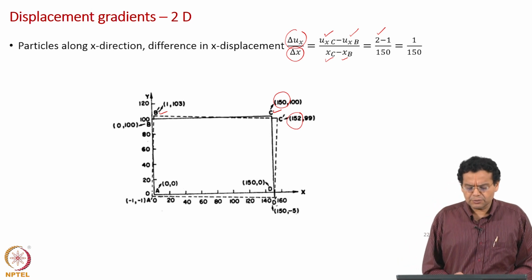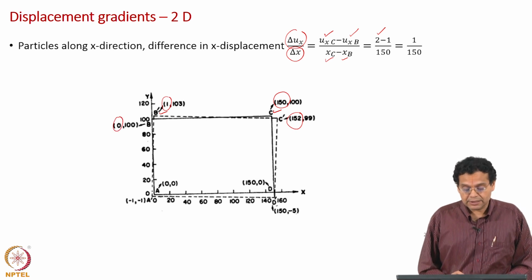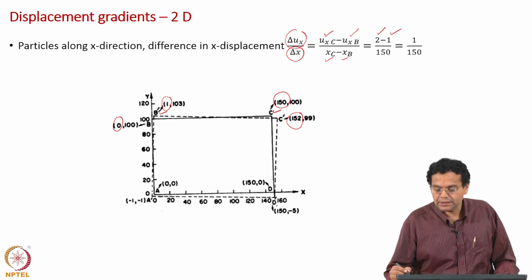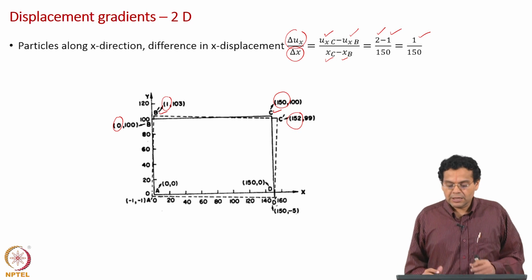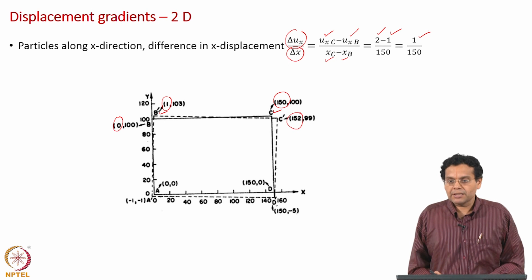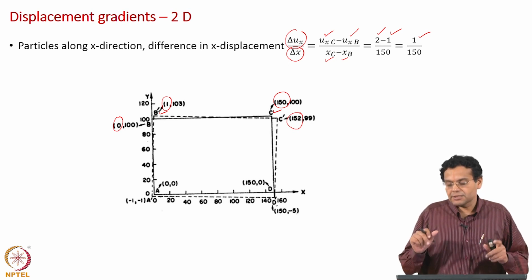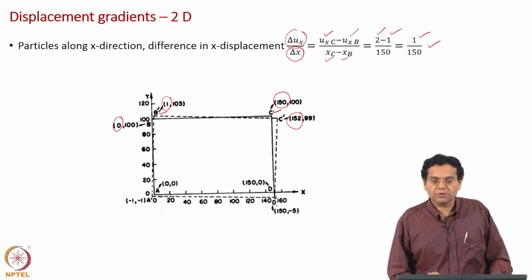Now, let us come to particle B. The final x coordinate is 1, initial x coordinate is 0. So, the x displacement of particle B is 1 unit. So, the numerator is 2 minus 1, 1, because we are looking at difference in x displacement. C has got displaced by 2 units, B has got displaced by 1 unit, so difference in displacement is 1 unit. What is the denominator? The x distance, we are considering particles B and C, the distance between them is 150. So, this gives one of the displacement gradients, 1 by 150.